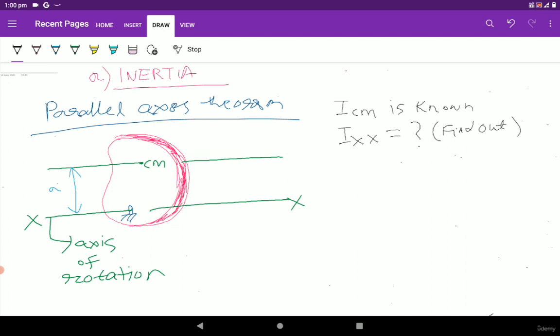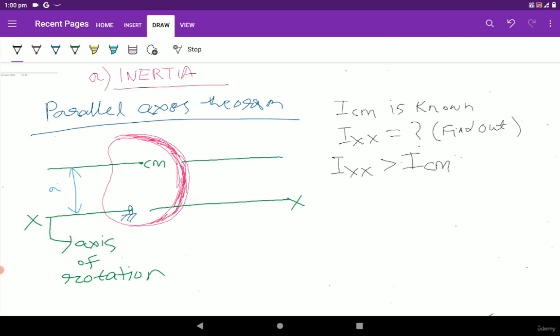We can say that the inertia about the axis of rotation is greater than the inertia about the axis passing through the center of mass.